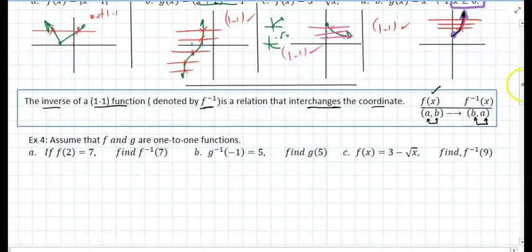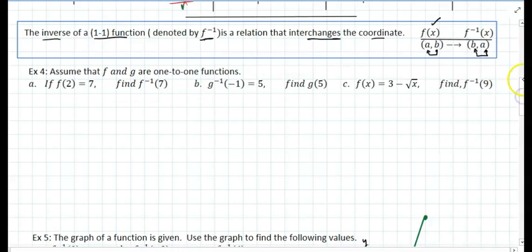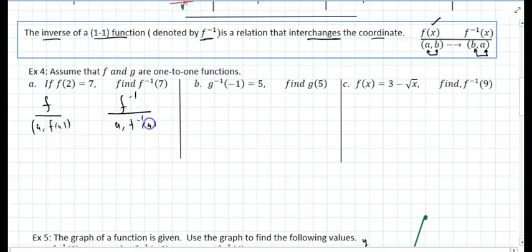So something that we need for calculus is what I'm going to start with. Assume f and g are 1-to-1. Find the following. And even though once you get it, it's going to look really easy, it's extremely important for second semester calculus. Keep in mind, if this is a, this is f of a, and if this is a, this is f inverse of a.